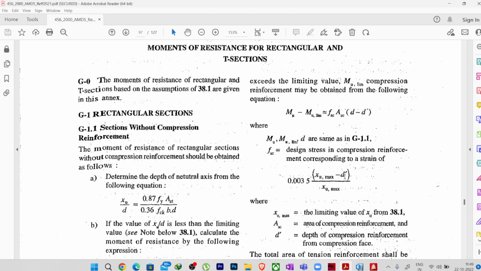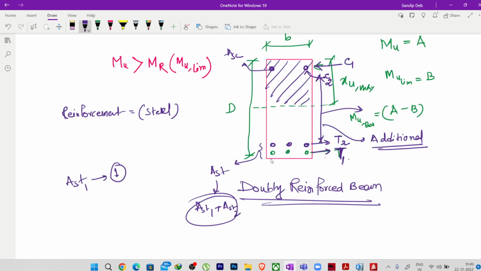Now what is this d dash? If you see here, from the top to the center of this rebar group, we call it the effective depth d. That is for the tension reinforcement.